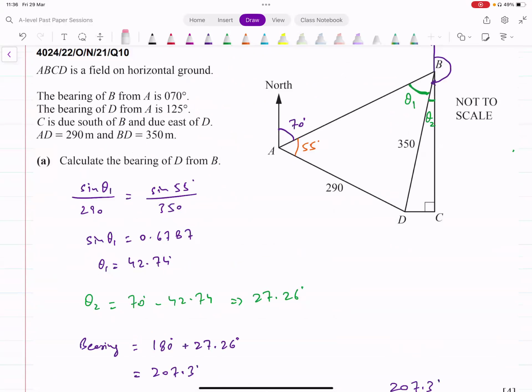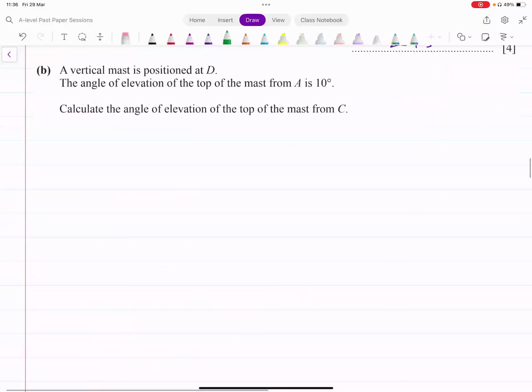So at the point D, we have a vertical line coming out of this plane, out of the page, right? It'll be a 3D diagram. So at D, we have a vertical line coming out of the plane. So we could think of it like this. Let's say the top of the mast, we name it something. Let's call this T. So we could think of a diagram like this. It's often helpful to draw right angle triangles when you have 3D trigonometry like this, that D is the point on the ground.